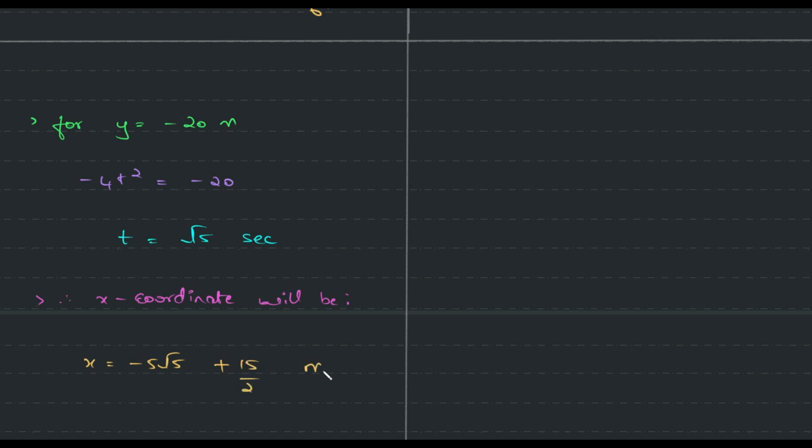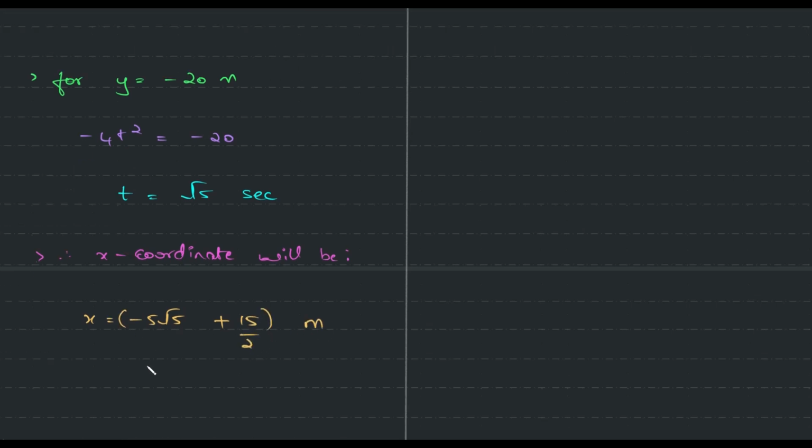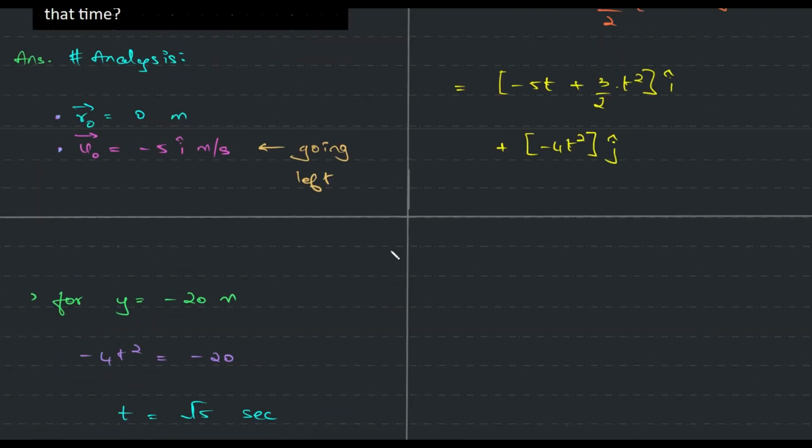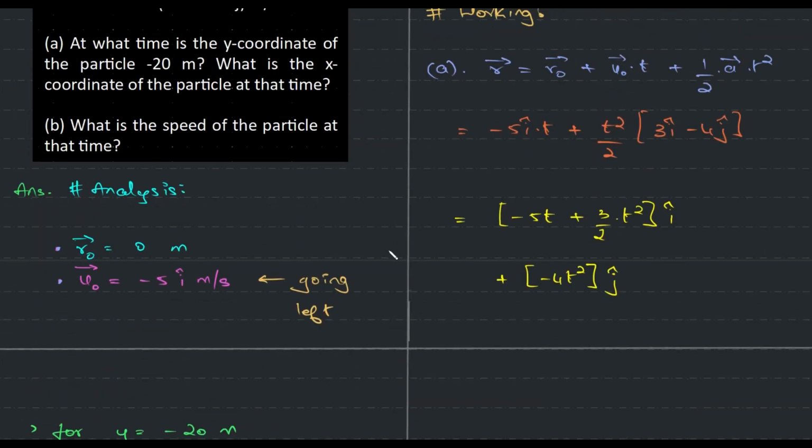So many meters. Again, if you guys want to simplify, please do that. I'm not going to do that. Then what else? What is the speed of the particle at that time?